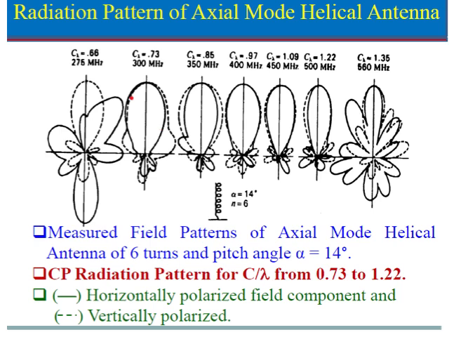As C lambda increases to 0.73, 0.85, we get a more directed pattern, but when the value reaches 1.35 and the frequency is 560 megahertz, we get a pattern similar to 0.66. It means that C by lambda from 0.73 to 1.22 is the desirable range, and below and above this, the radiation patterns are not desirable.